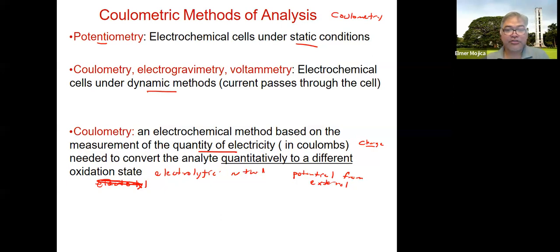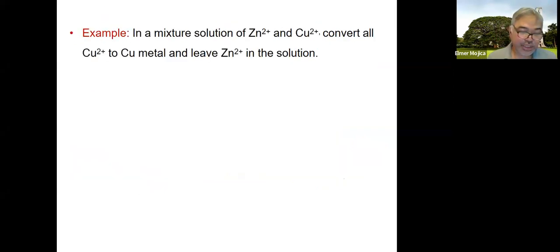If we look at these coulometric methods, we can look at some of the fundamental things. In a mixture that contains zinc 2+ and copper 2+, we can convert all copper 2+ to copper metal and leave zinc 2+ in the solution. How do we do that? We reduce the copper 2+ to copper metal and leave the zinc 2+ in solution.